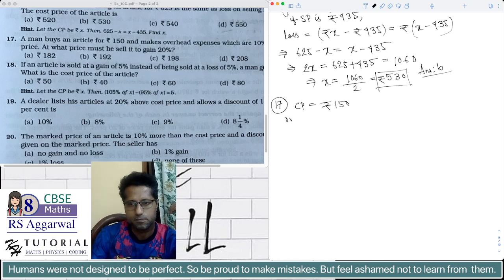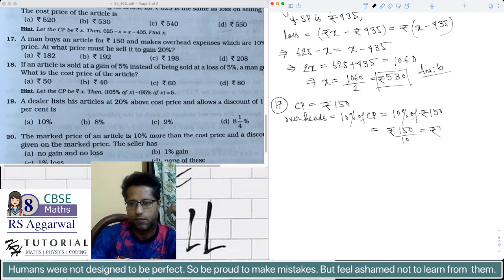Overheads is given to be 10% of cost price, which is equal to 10% of rupees 150, which will be equal to rupees 150 divided by 10, which is equal to rupees 15.